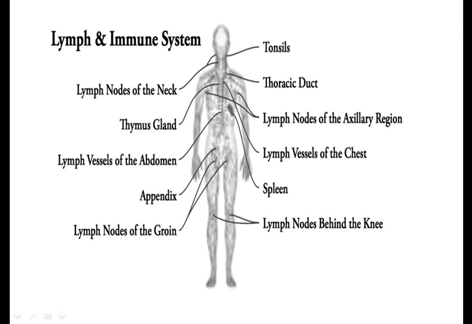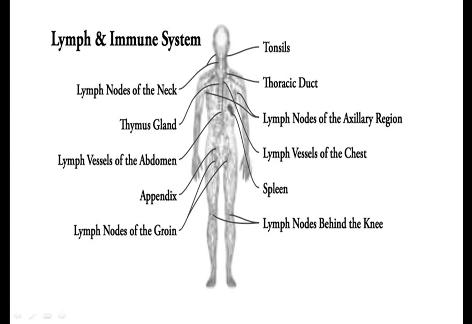Lymphatic capillaries join together to form a lymphatic vessel, and the lymphatic vessel will drain the lymph towards the lymphatic organ. Now lymphatic tissue has specialized cells, and collections of such cells are strategically placed in all our body. Such nodes are known as lymph nodes.